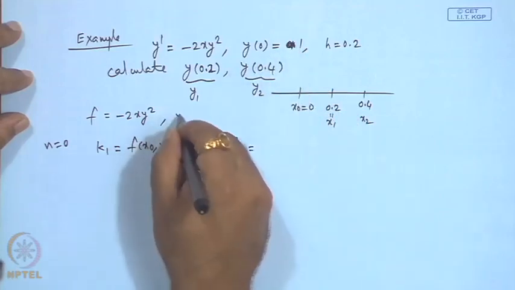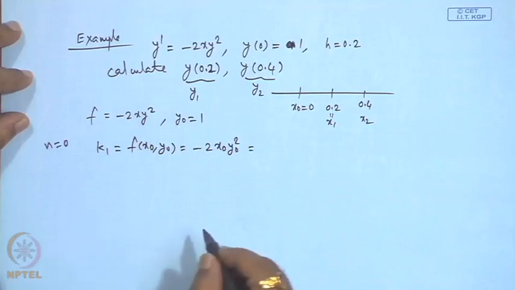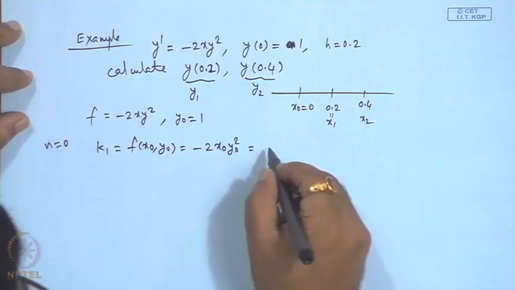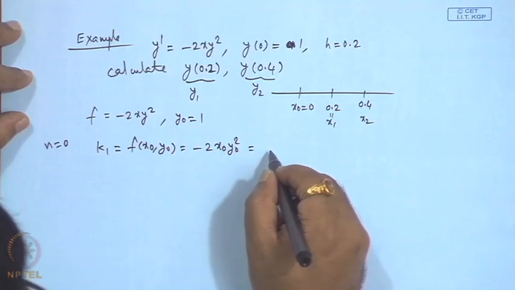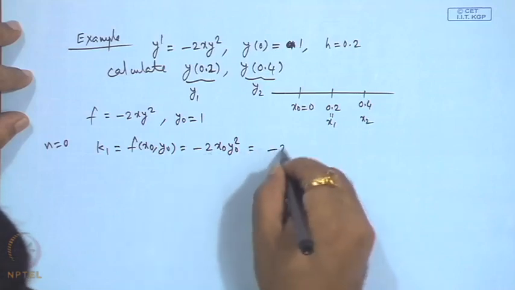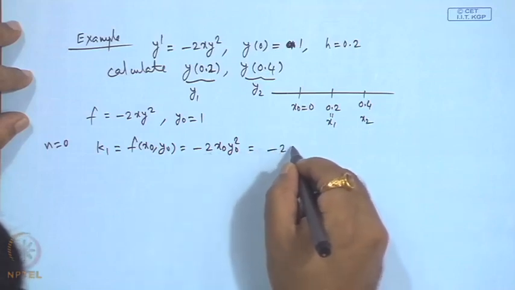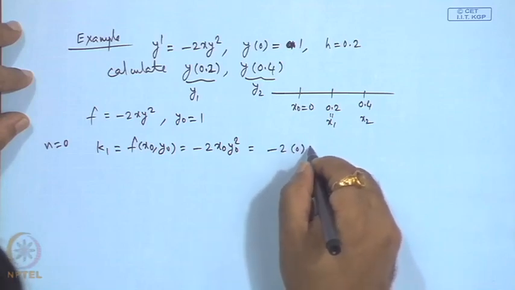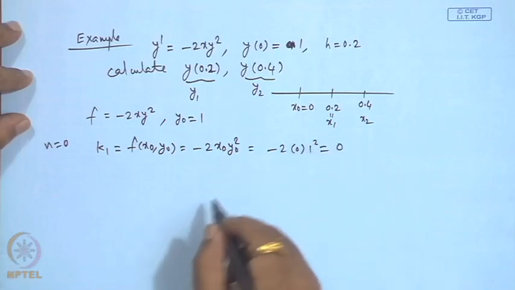So, y 0 is 1. So, what is this? K 1 is minus 2, x 0 is 0 and y 0 is 1 square. So, this is 0.